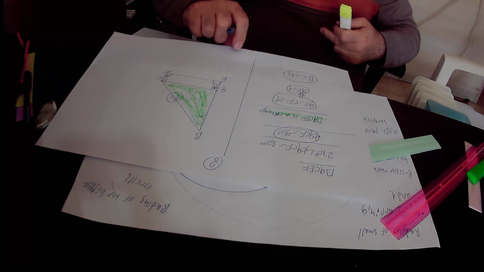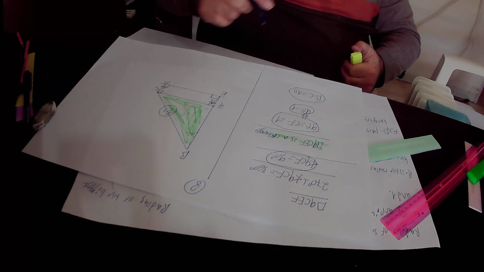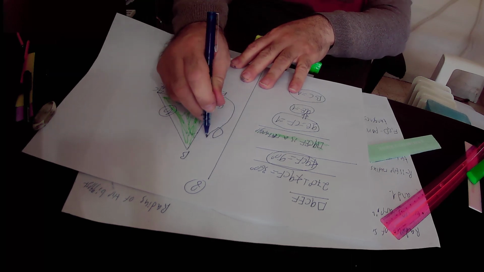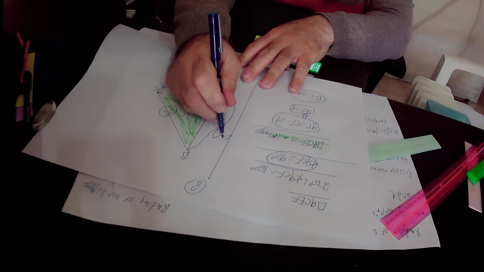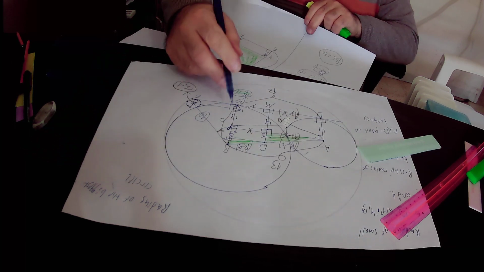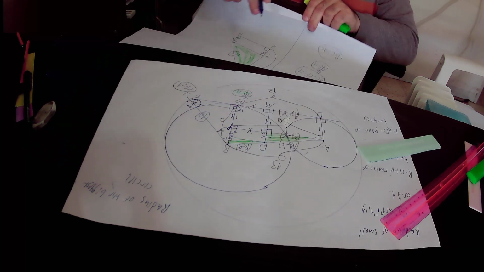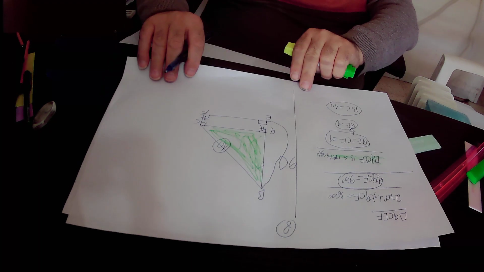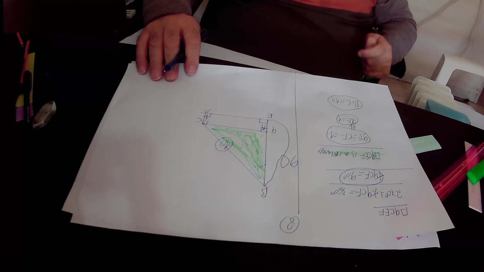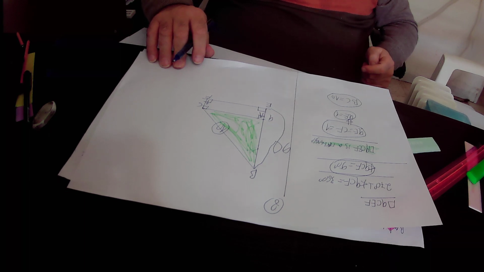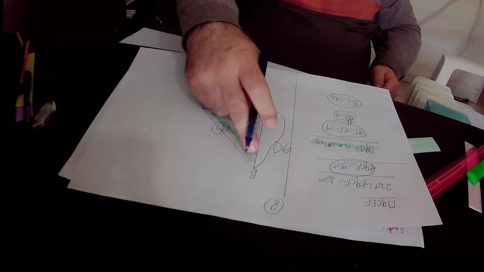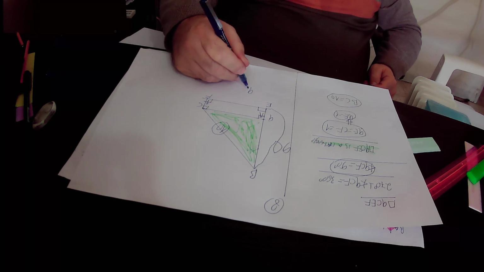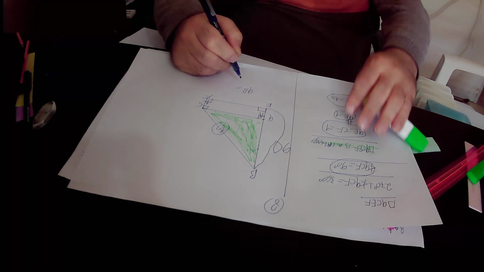And we also know that BE is the radius of this circle, which is equal to 9 units. So what is the value of side QB? You can see it easily from the drawing.